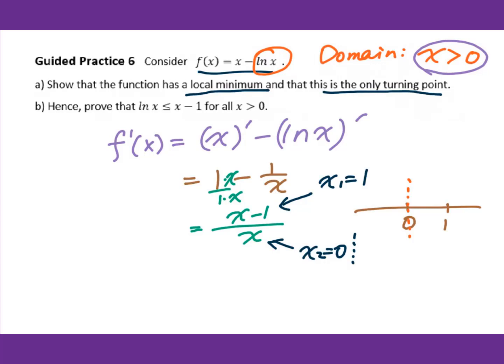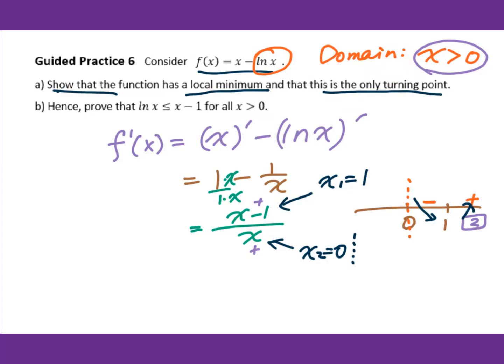Therefore, let me choose 2 and plug in. 2 minus 1 is a positive. This is a positive. Positive over positive, still positive. For the 1, that's a single power, so here's a negative. Therefore, you could say this is going down, this is going up.